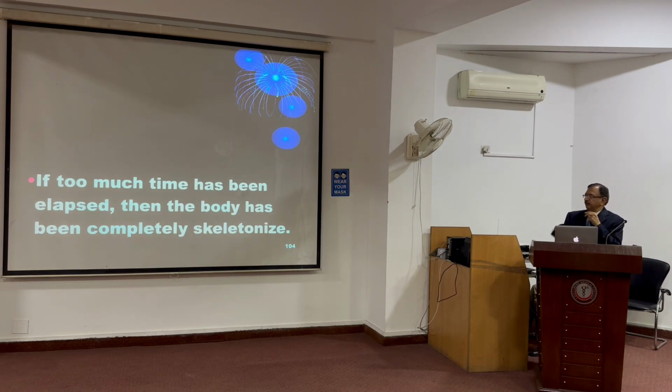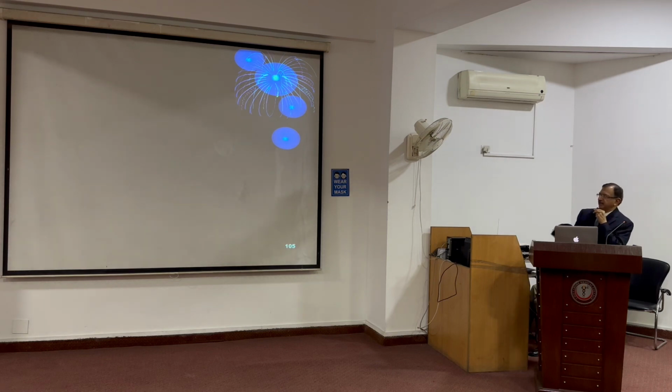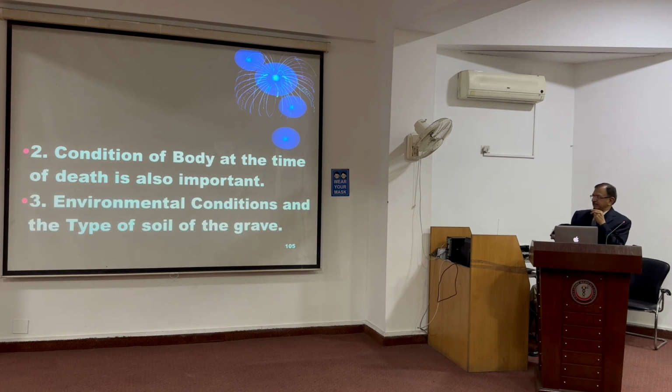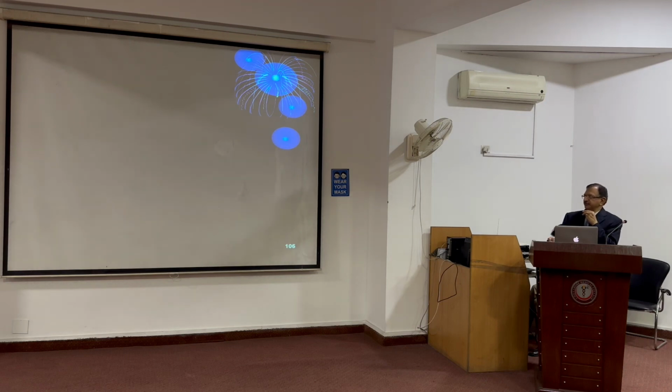And sometimes the bodies are completely skeletonized. The time period has been so delayed that the bodies are completely skeletonized. So there are various conditions, because of the environmental factors, the nature of the soil, the condition of the body at the time of burial, which can alter the process of decomposition.